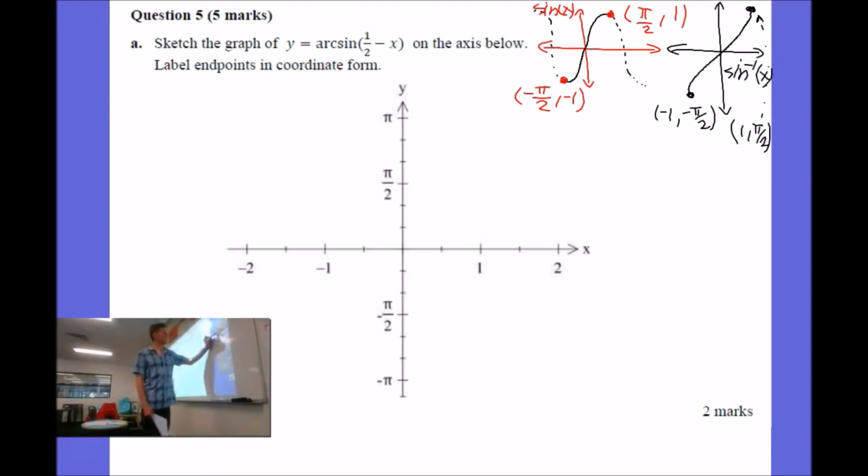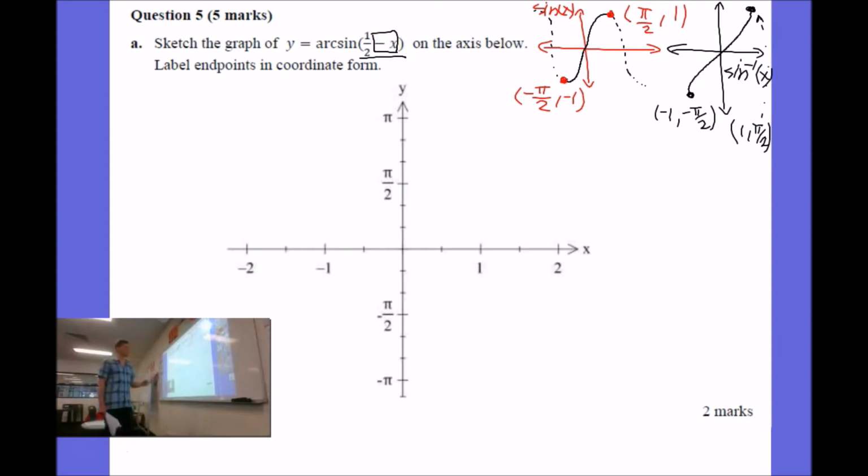So if we start with the standard graph of the inverse sine function, we interpret the transformations acting on a regular inverse sine of x. There are two transformations happening. One is a reflection along the y-axis, that's the minus on the x.